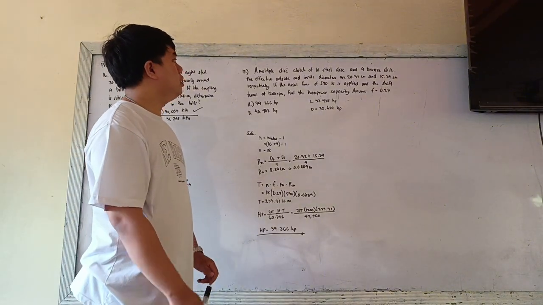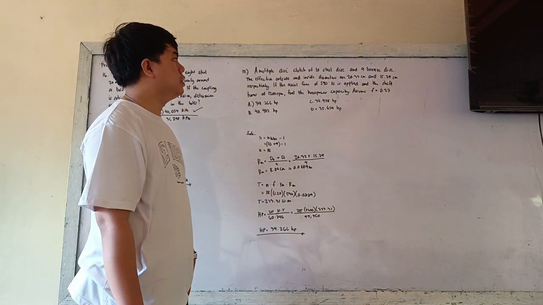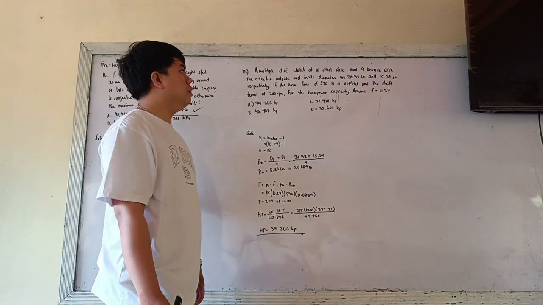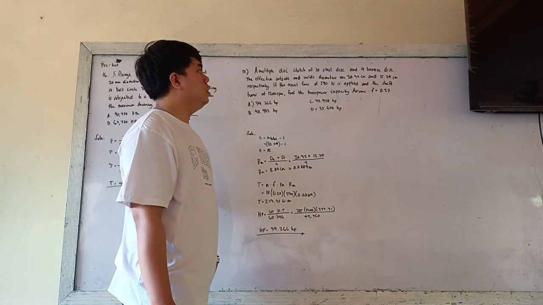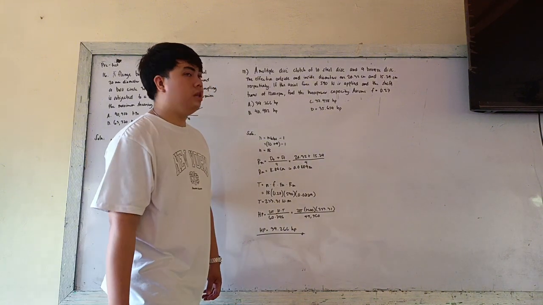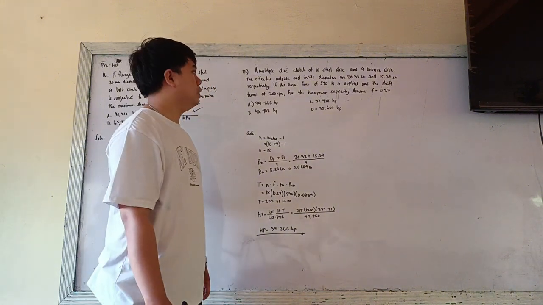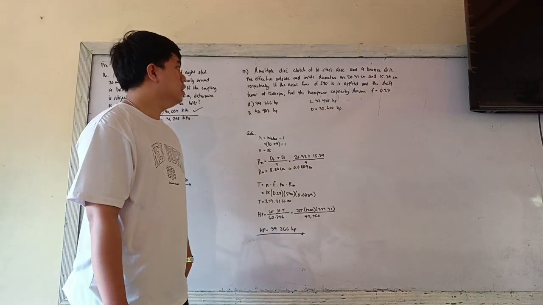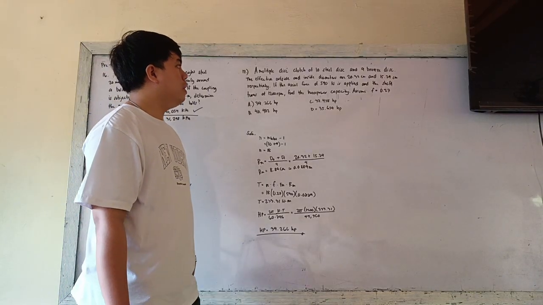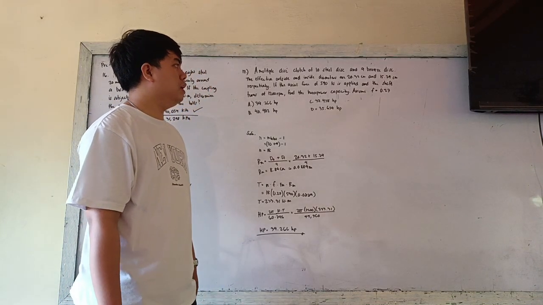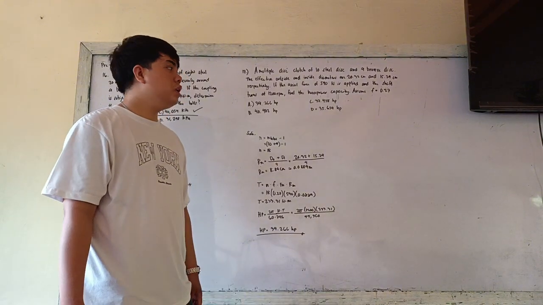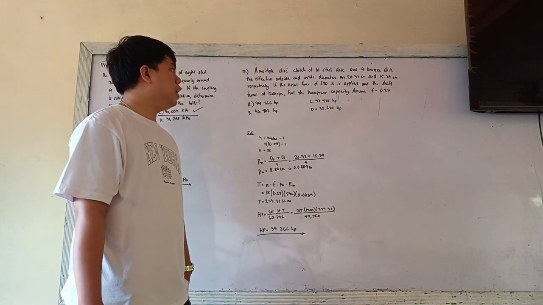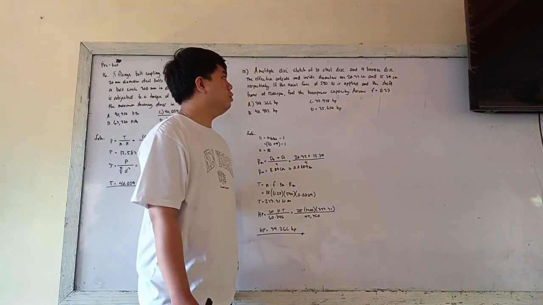A multiple disc clutch of 10 steel discs and 9 bronze discs. The effective outside and inside diameters are 20.32 cm and 15.24 cm respectively. If the axial force FA of 540 Newton is applied and the shaft turns at 1200 RPM, find the horsepower capacity.